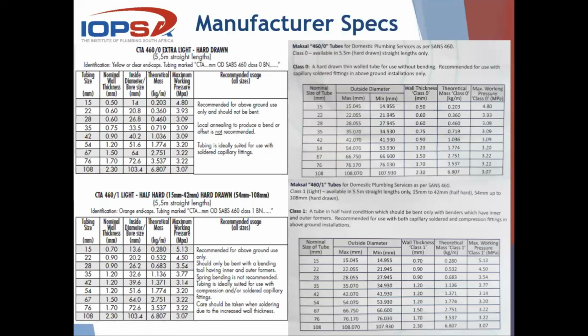So once again, look at these manufacturer specifications, and the other manufacturer says something similar. It says it's a tube in half-hard condition, which should be bent only with benders which have an inner and outer former, recommended for use with both capillary and soldered compression fittings, and for above ground usage.